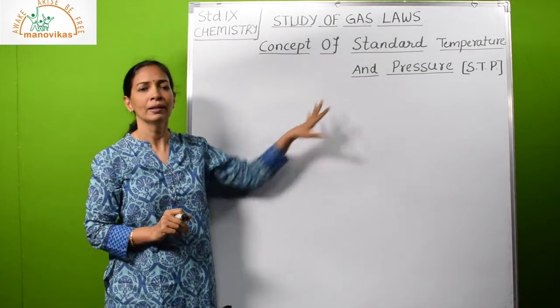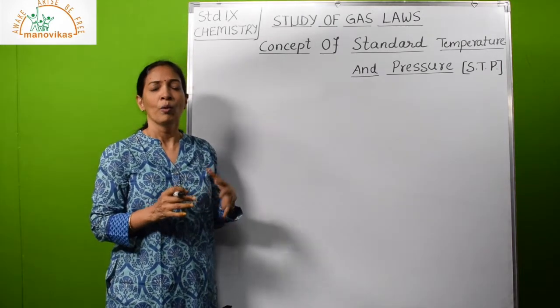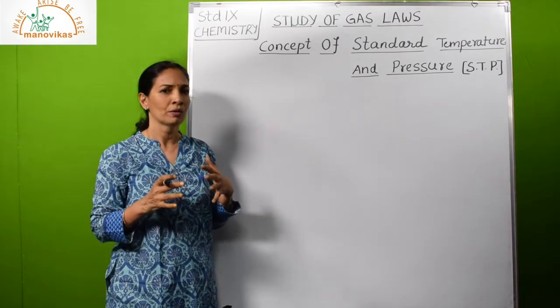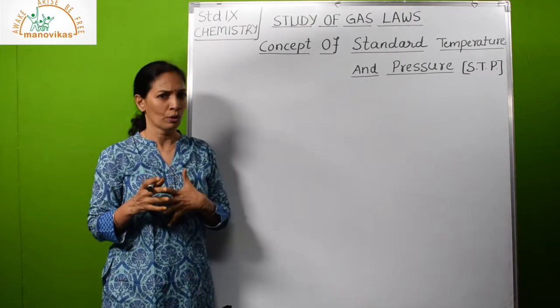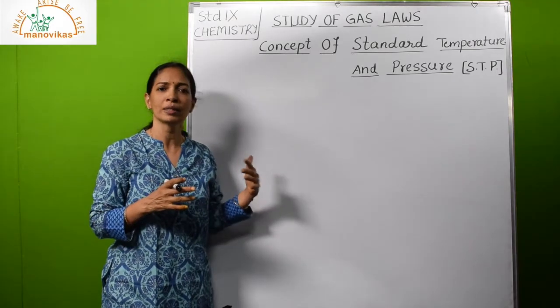Before doing anything, let us understand that the volume of an enclosed mass of a dry gas depends upon the pressure of the gas and the temperature of the gas, which we have studied in Boyle's law and Charles' law.